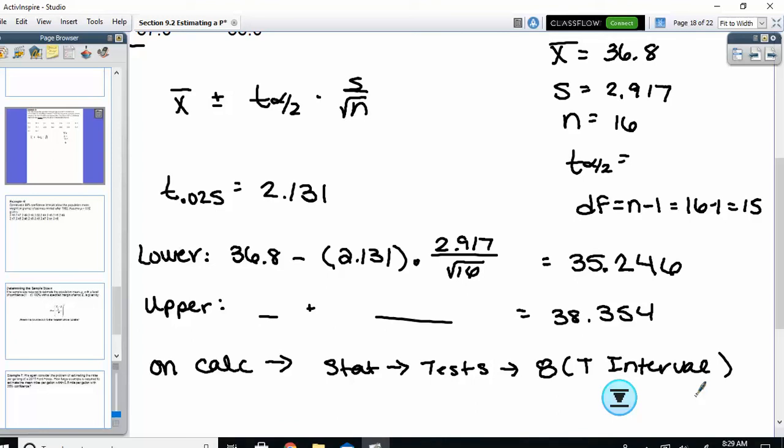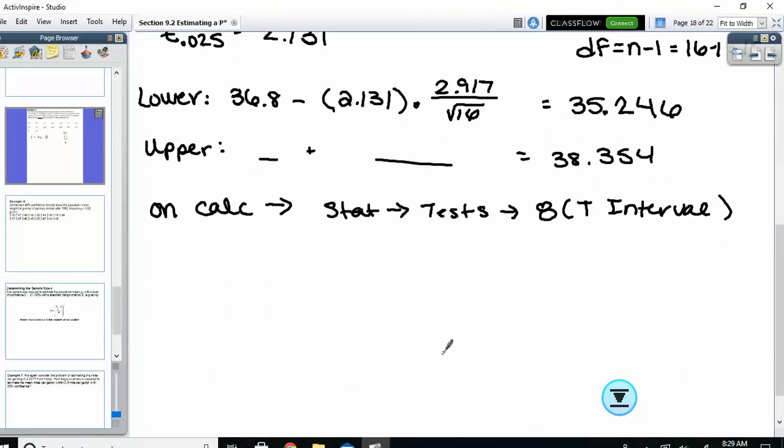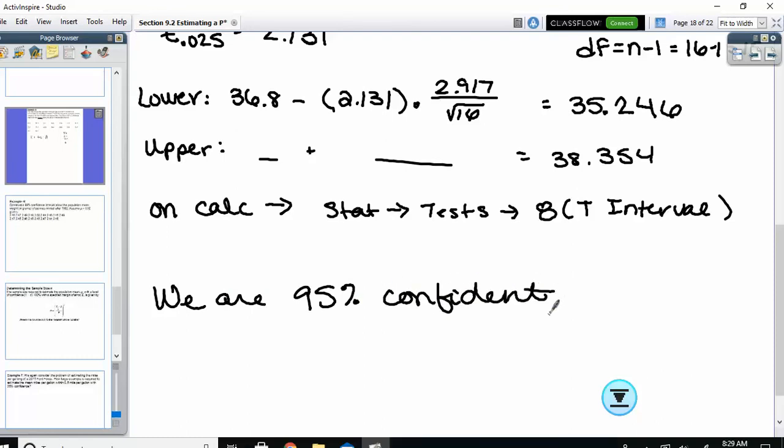All right. Is that all right? If I asked you to interpret this, writing the sentence, that means we are 95% confident we're not talking about the true proportion here. We're talking about the population mean.